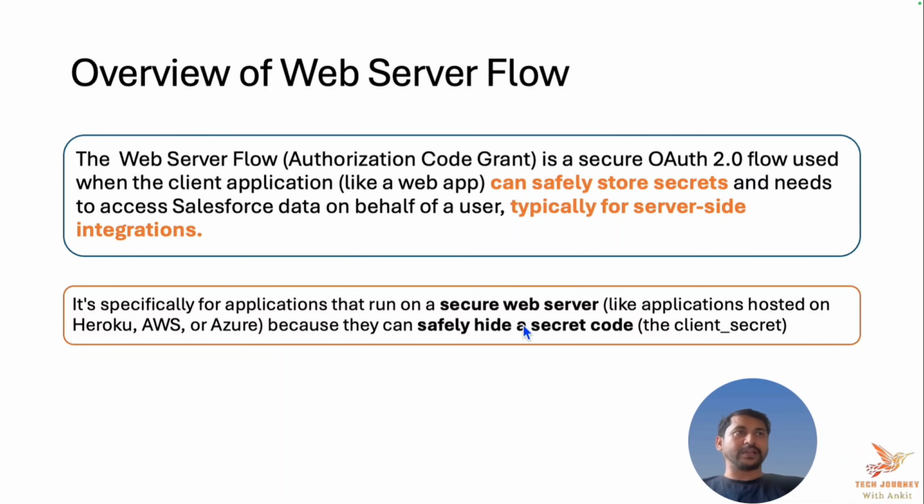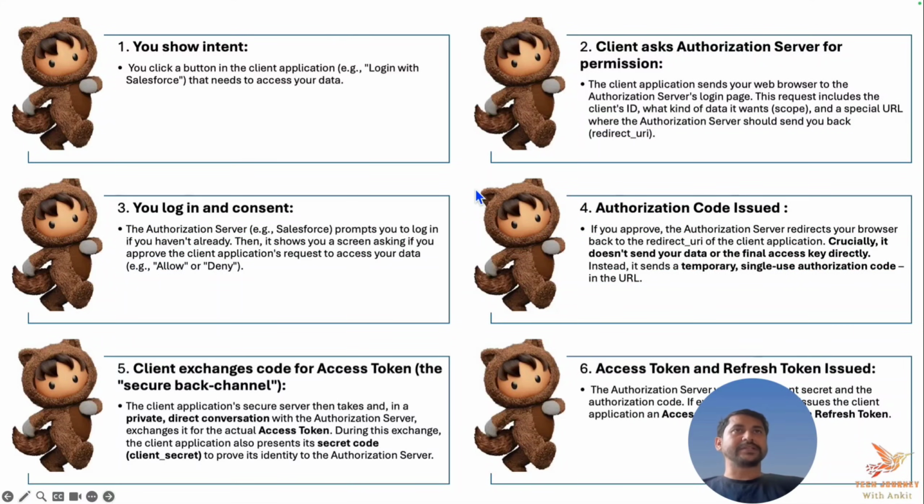With respect to Salesforce, Salesforce can also safely store the secret. So if any third party system has to connect with Salesforce, they can again use the authorization code grant flow as well.